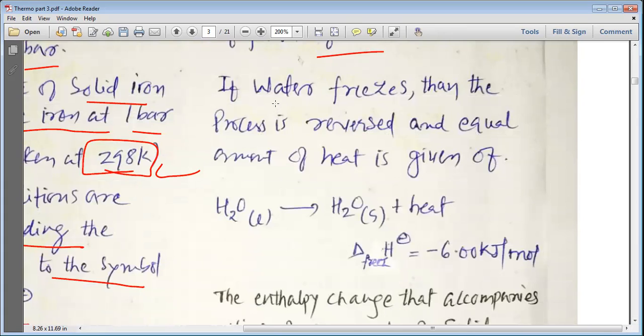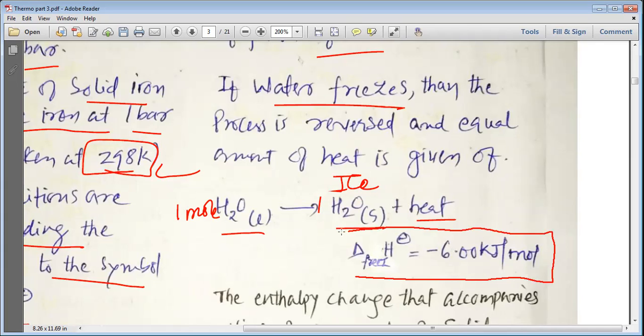Now my dear students, if water freezes, what happens? H2O liquid, which is 1 mole, releases the heat and it turns into the ice, that is 1 mole of ice. During this, the heat is released, so the same reaction is written inverted, and that is why the sign changes.